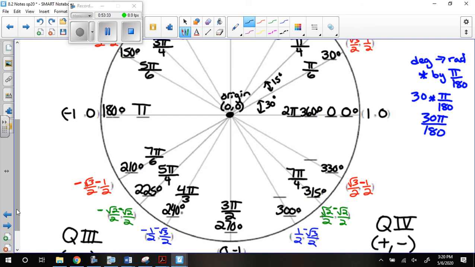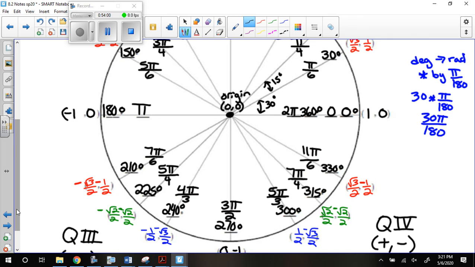Then 9 pi over 6, but that reduces to 3 over 2. Then 10 pi over 6, but that reduces to 5 pi over 3. And then 11 pi over 6. And then 12 pi over 6, which reduces to 2, so 2 pi all the way around.